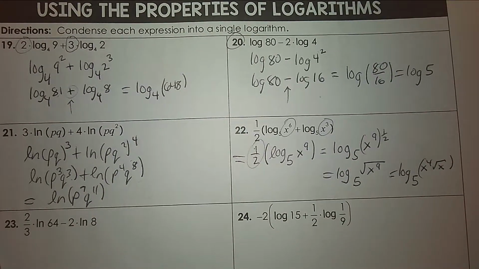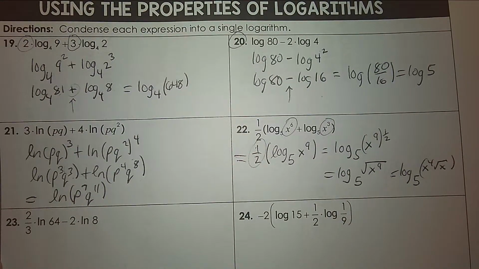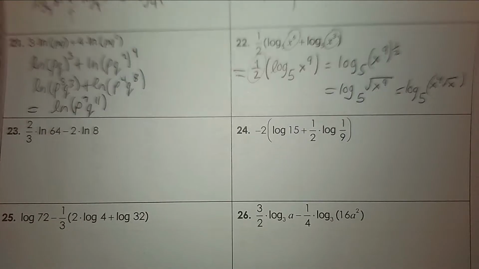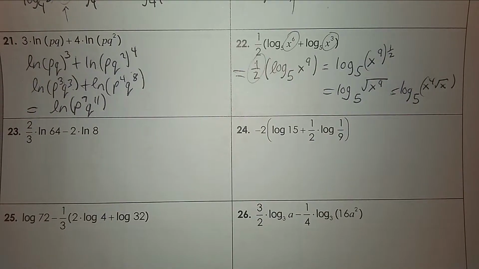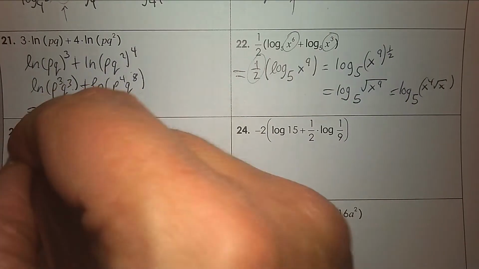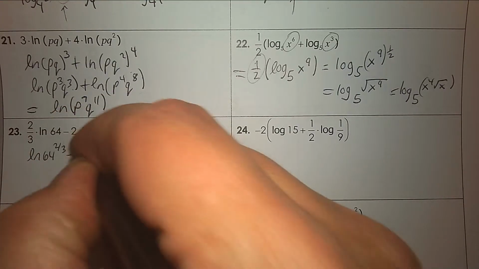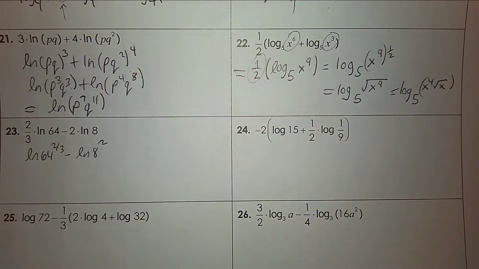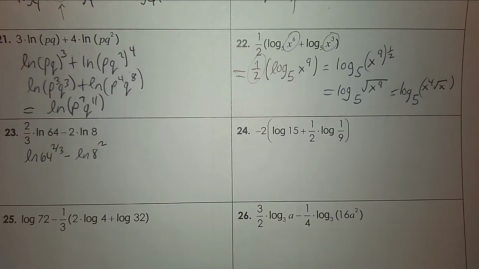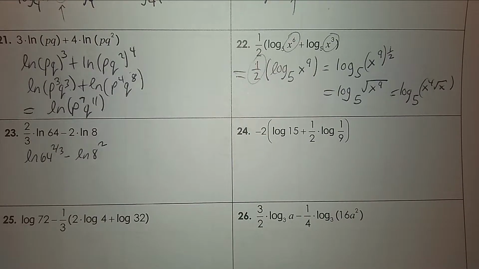23. I don't see parentheses. So what's in front of the logarithm becomes the exponent. So can I write those numbers in front of the logarithm? They're in front multiplying. So they belong inside as an exponent.